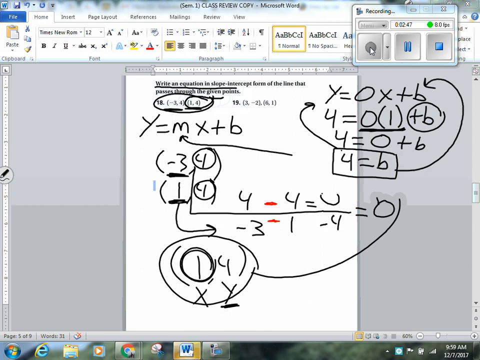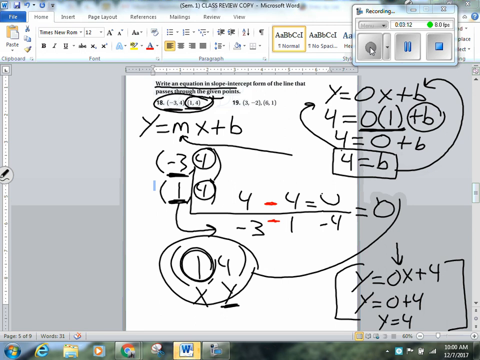So now my final answer is y equals 0x plus 4. I really don't need to put the 0x there. 0 times anything is 0. So it becomes y equals 0 plus 4, which actually equals y equals 4. So that's how you find an equation given 2 points.